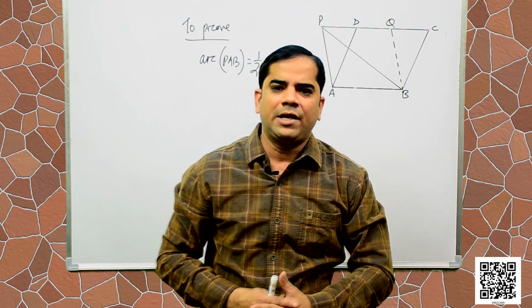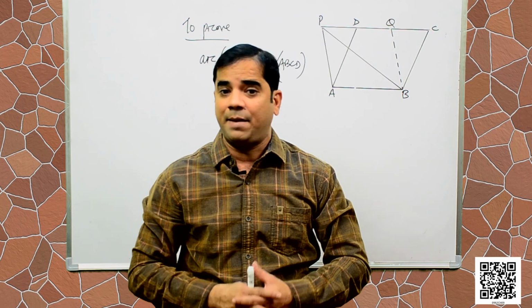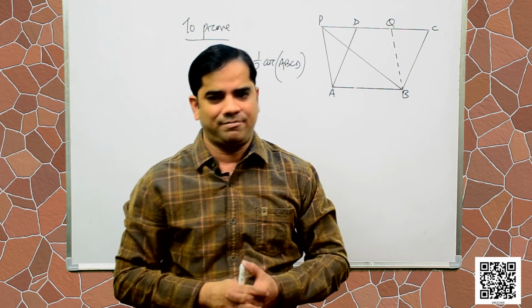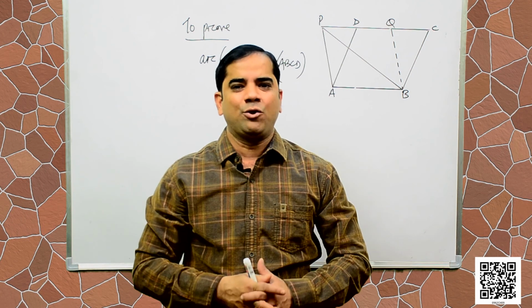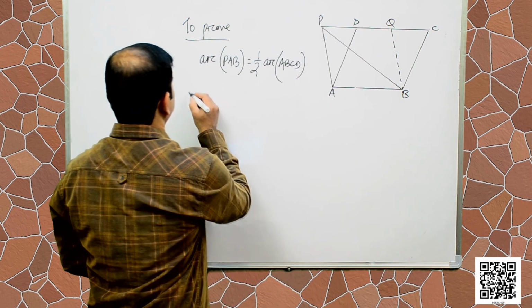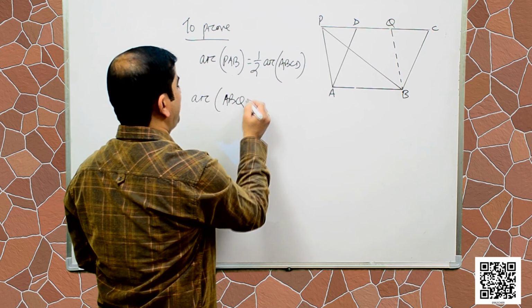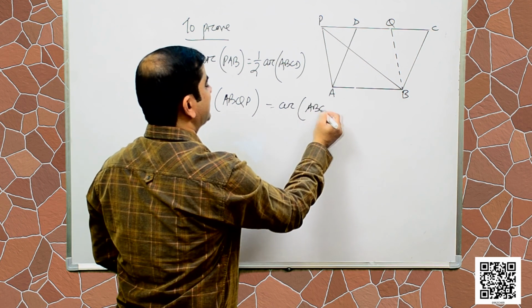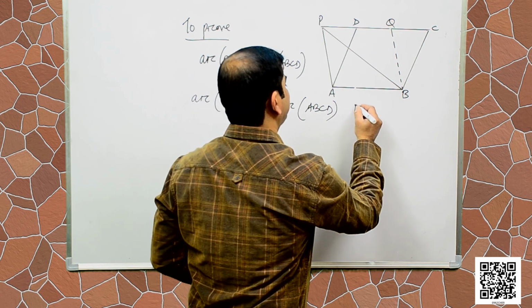Now parallelograms ABQP and ABCD are on the same base AB and between the same parallels AB and PC, isn't it? Therefore, area ABQP is equal to area ABCD as per theorem 9.1.